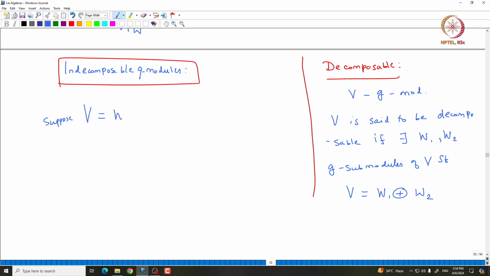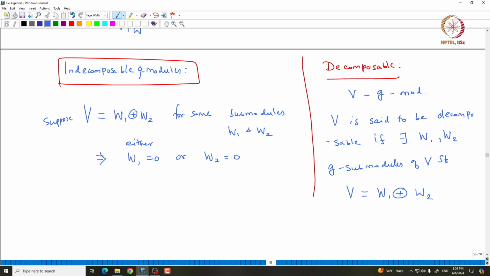Suppose V is written as W1 direct sum W2 for some submodules W1 and W2, then that should imply that either W1 is 0 or W2 is 0.